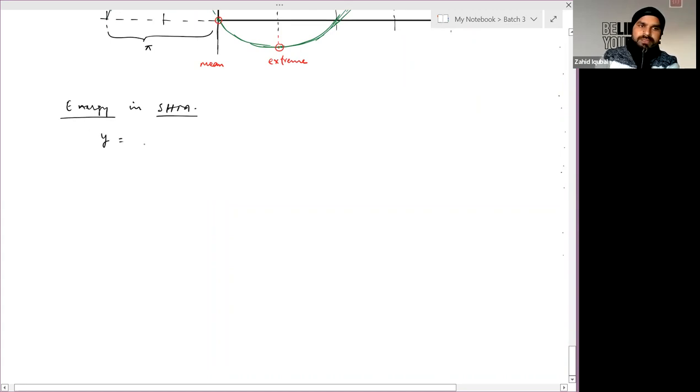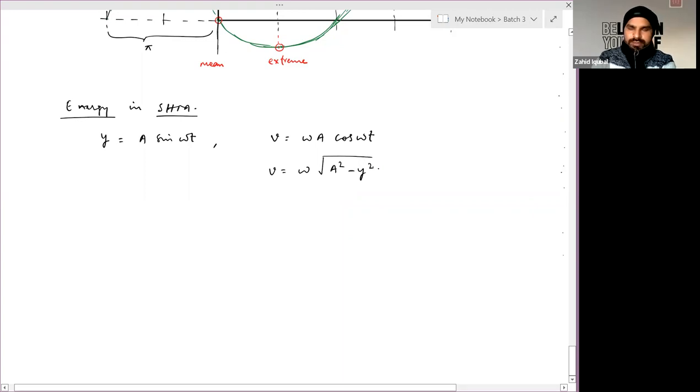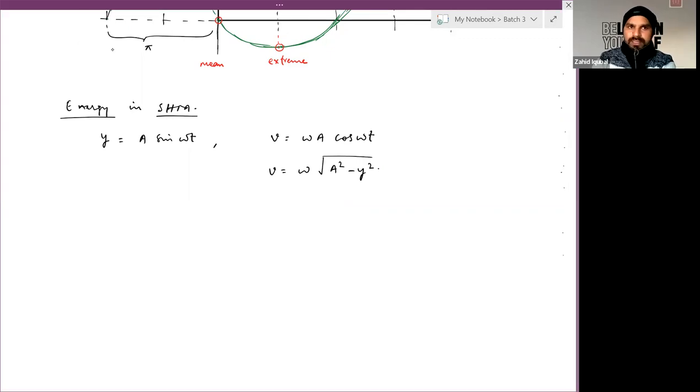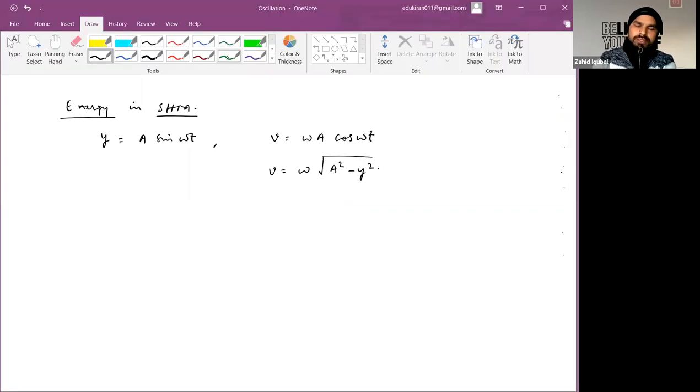As displacement is equal to A times sine omega t and velocity equals omega times A cos omega t, in terms of displacement this will be equal to omega root under A squared minus y squared. So we have to define energy. A particle in SHM will have two different types of energy. One is potential energy and the other is kinetic energy.